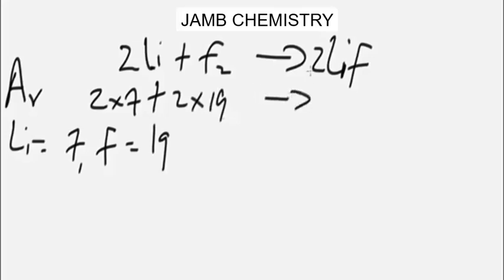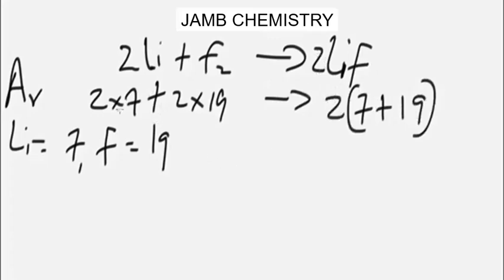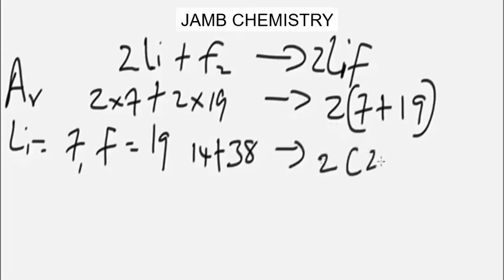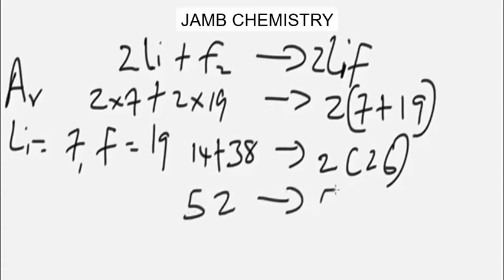On the right, lithium is 7 plus fluorine is 19, and we times everything by 2. Breaking this down on the left, 2 times 7 gives us 14, plus 19 times 2 gives us 38. On the right, 7 plus 19 gives us 26, so we have 2 times 26. The output is 52 equals 52.